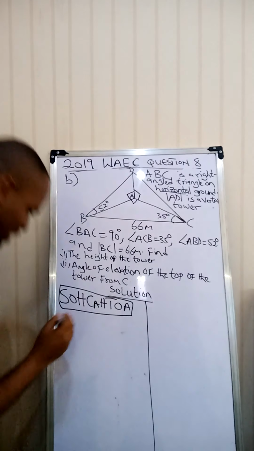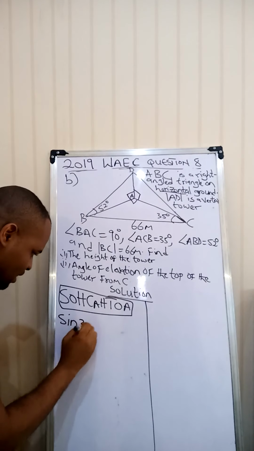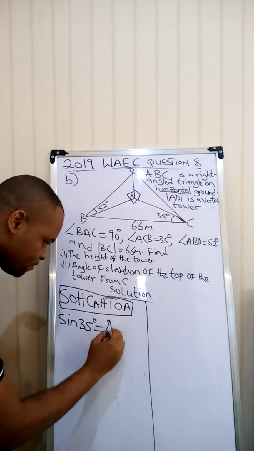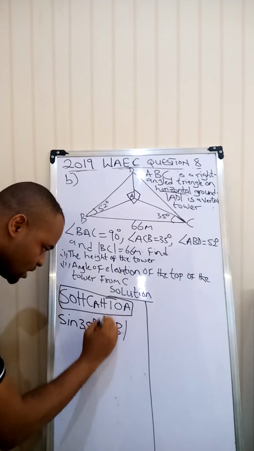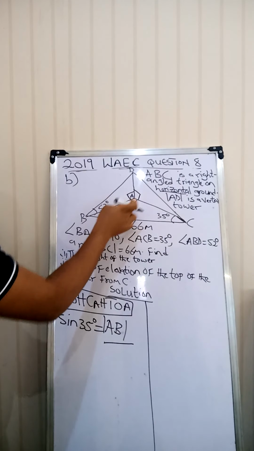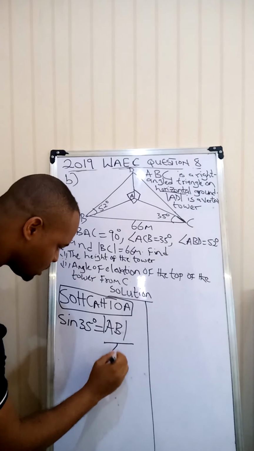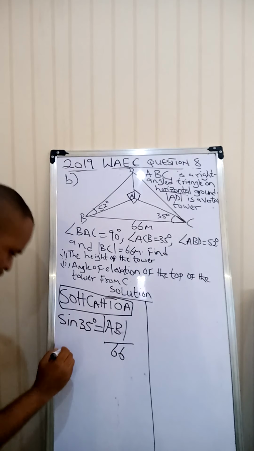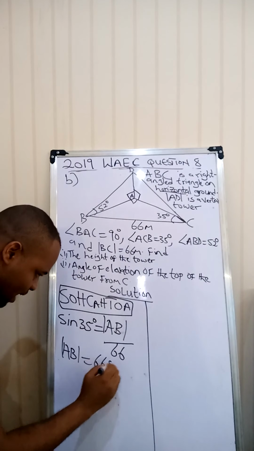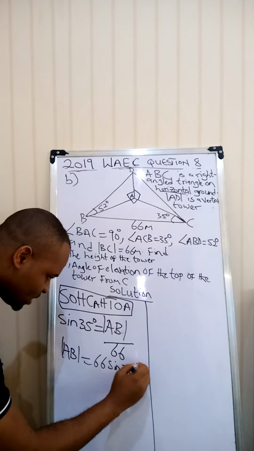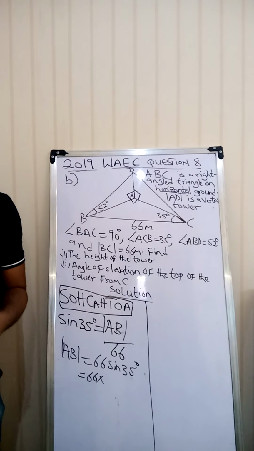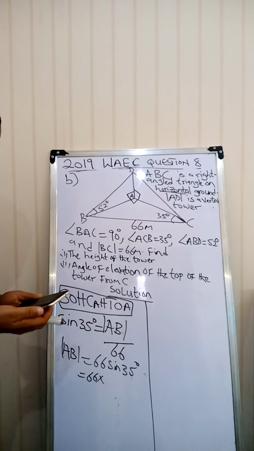Sine 35 degrees will be equal to my opposite, AB, over my hypotenuse, the side facing the 90 degrees, which is 66. So my line AB will be equal to 66 sine 35 degrees, which is 66 times... Now punch your calculator. Let me also use my own calculator.